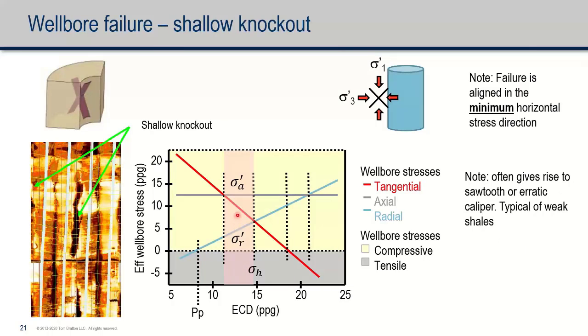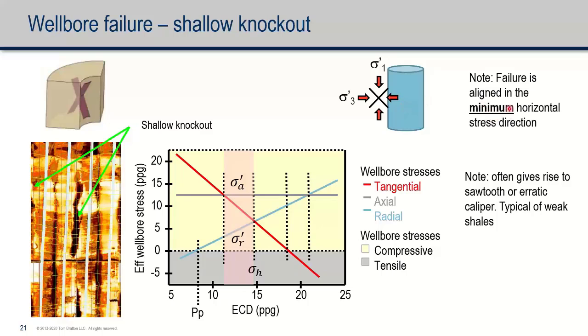I can have failure in a different geometry. I call this a shallow knockout. What happens now is the axial load is the maximum stress. So as shown in the diagram, sigma 1 is here, your radial stress is the minimum, and so your conjugate shear plane is in this geometry with respect to the borehole.